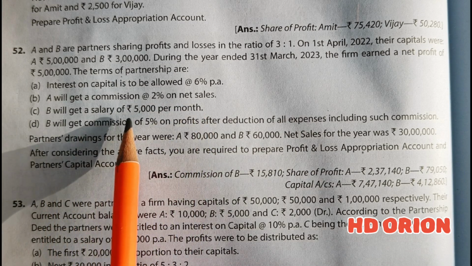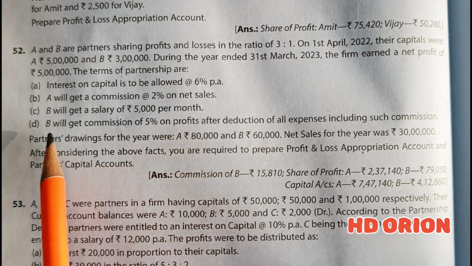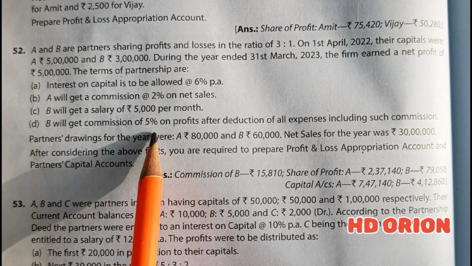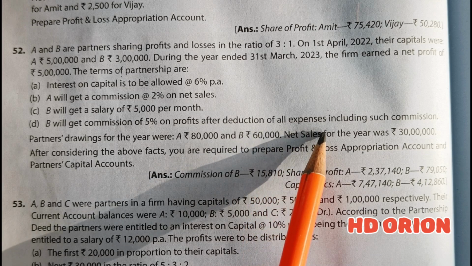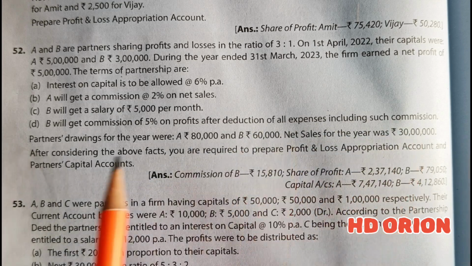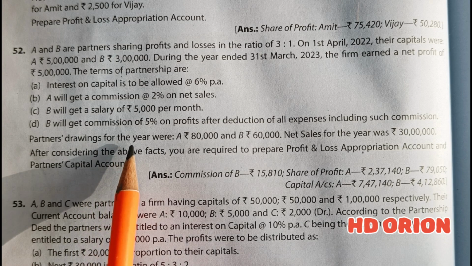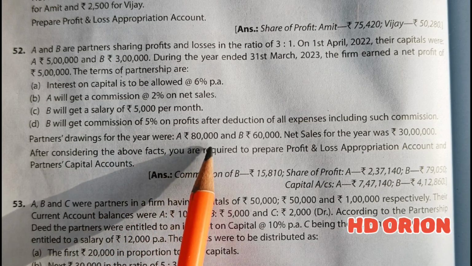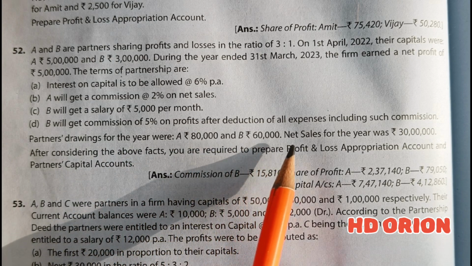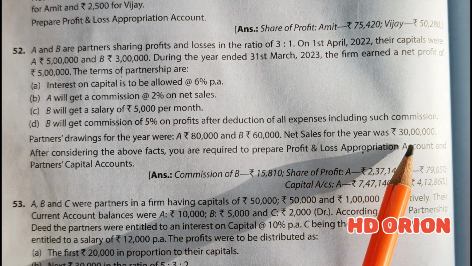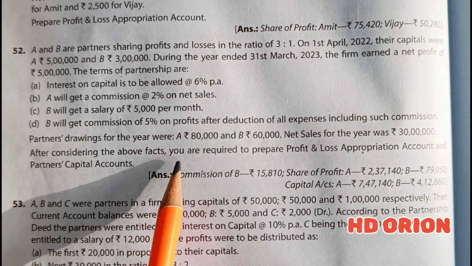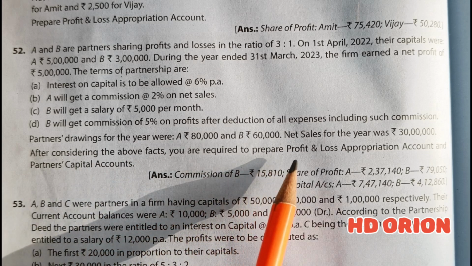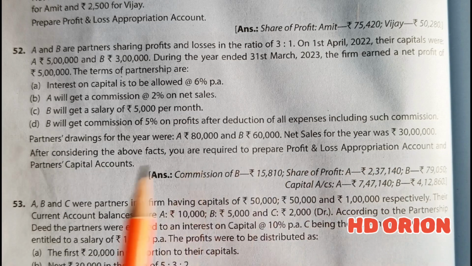B will get a salary of rupees 5,000 per month. B will get commission of 5% on profits after deduction of all expenses including such commission. Partners' drawings for the year were: A rupees 80,000 and B rupees 60,000. Net sales for the year was rupees 30 lakh. After considering the above facts, you are required to prepare profit and loss appropriation account and partners' capital accounts.